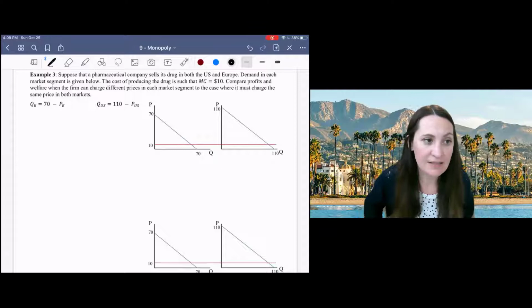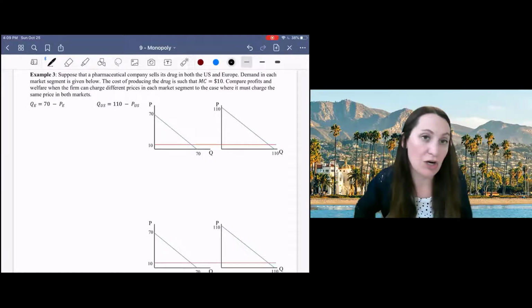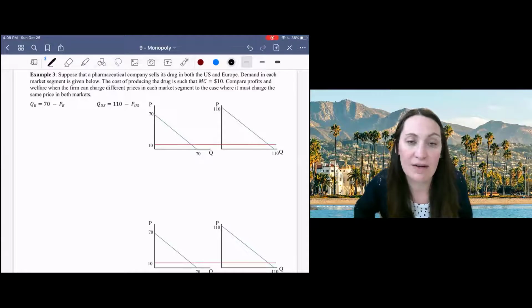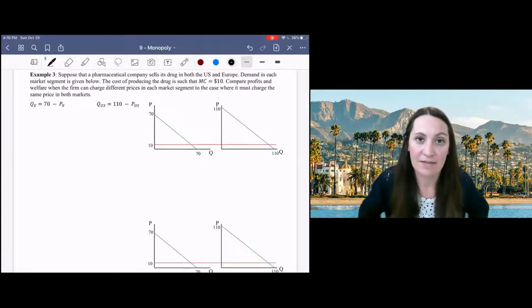these market segments. And what we want to do is to first show what the firm will do if they can price discriminate, if they can charge different prices in each market, and then show how they will maximize profits if they have to have uniform pricing.